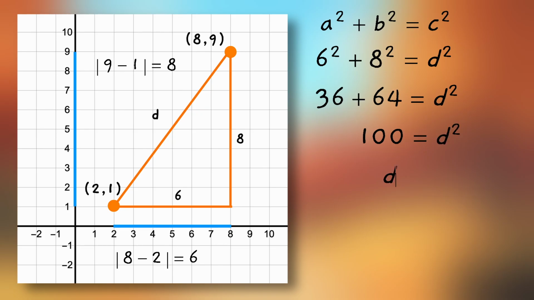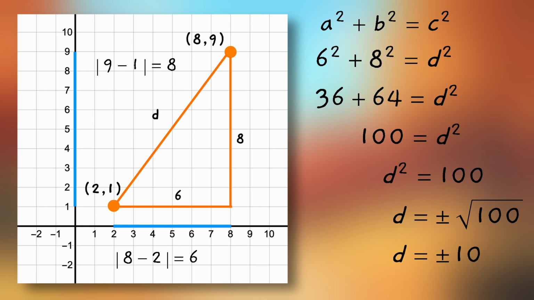Let me just flip it around so the variable's on the left here. So now to find D, we just take the square root of both sides, and that gives us D is plus or minus the square root of 100, or plus or minus 10. Now because we're talking about distances, distances are positive, so the distance between these 2 points is 10.